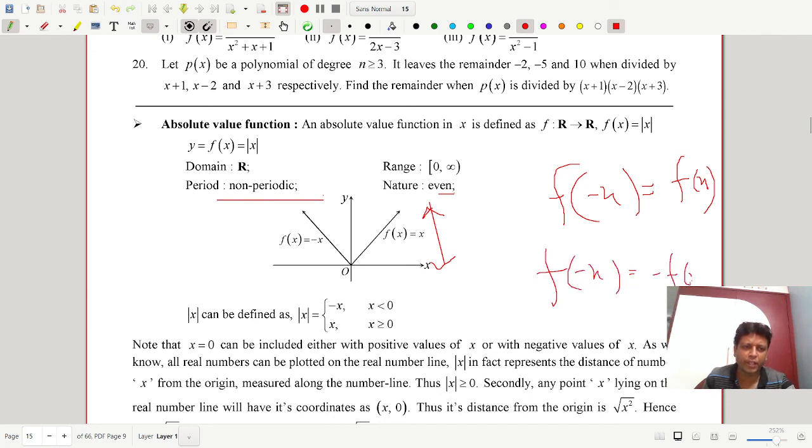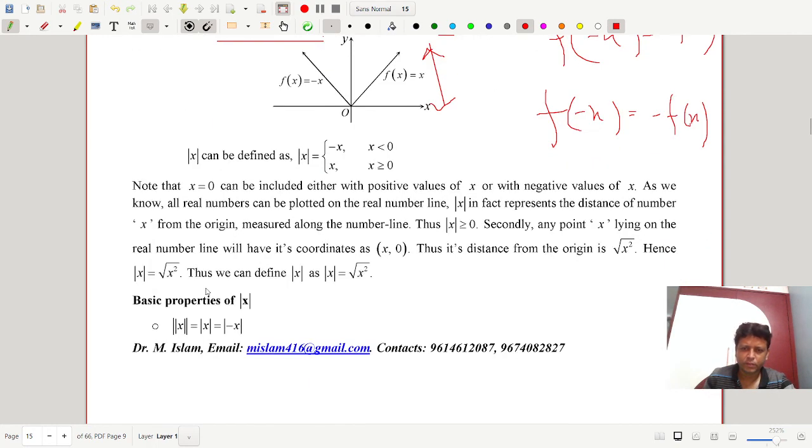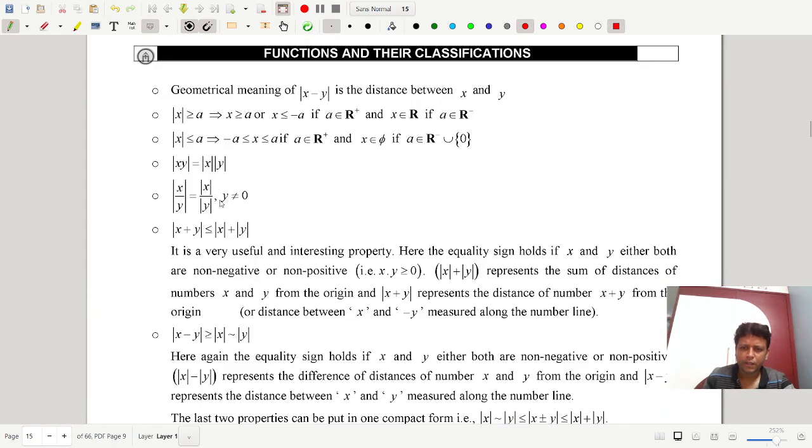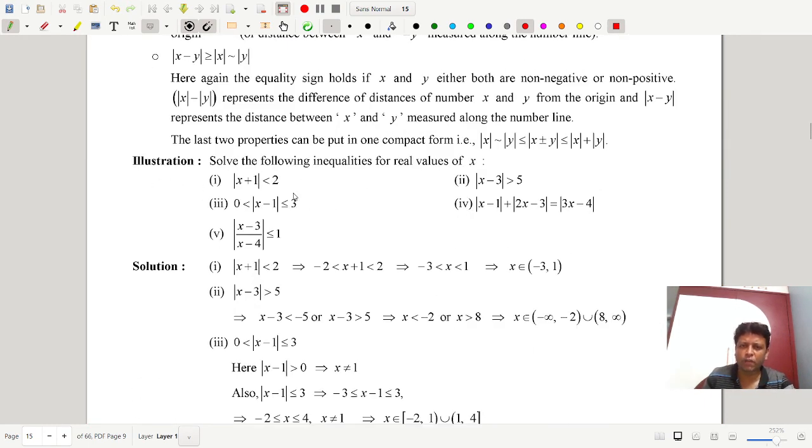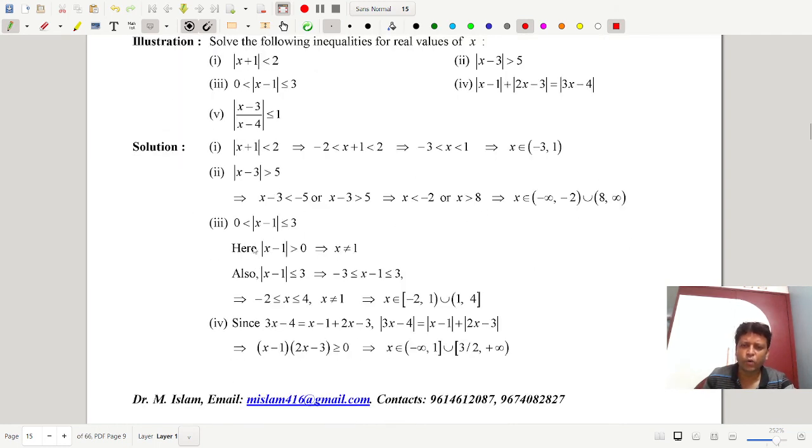Am I clear, everybody? Okay. This is about some properties of mod. I will send these inequations, solving inequations. You can go and check these inequations. Already we talked about inequations. Whenever there is a modulus, you have two cases: either x is positive or x is negative.